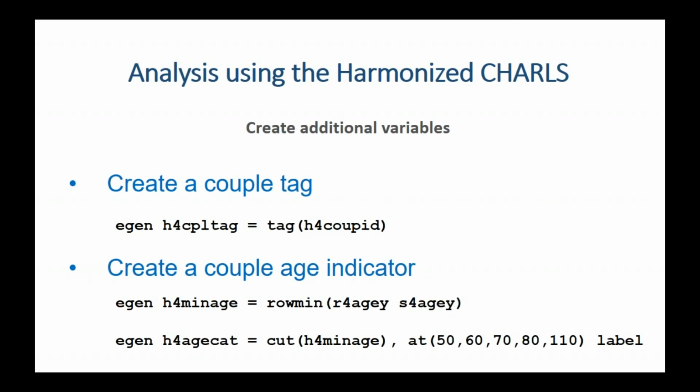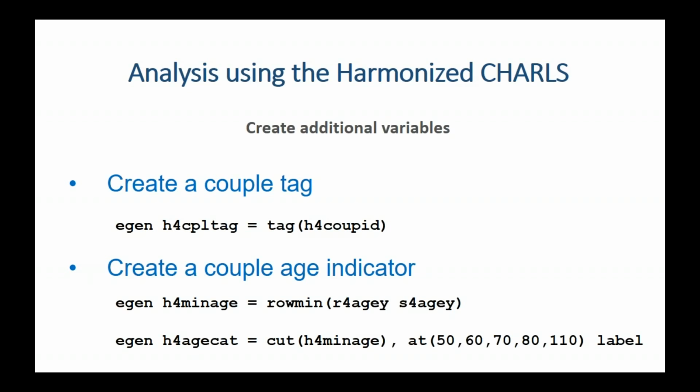For instance, if one person in the couple's age was 50 and the other was 49, we're going to assign our couple age as 49. In general, in most countries, this is going to reflect the age of the female in the household if there's much of an age difference, because women historically tend to marry slightly older.